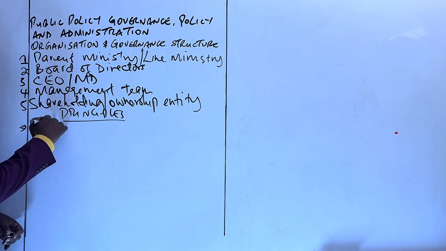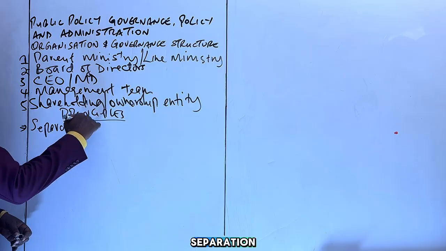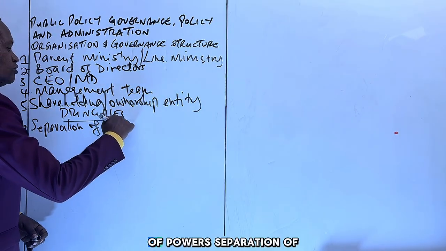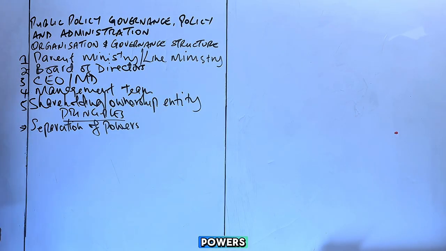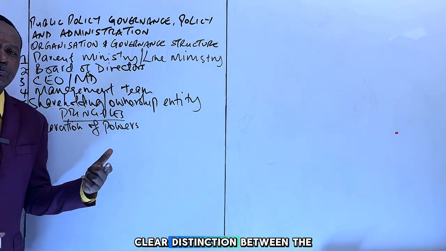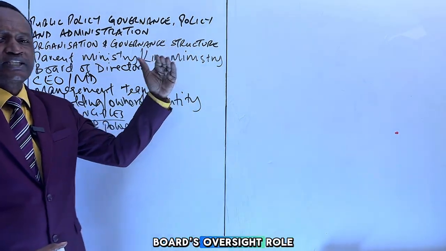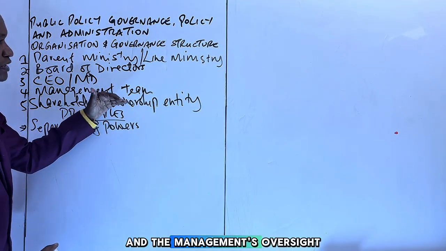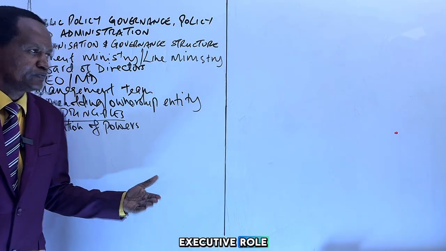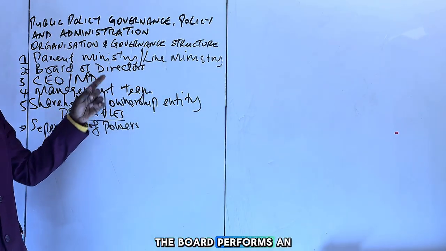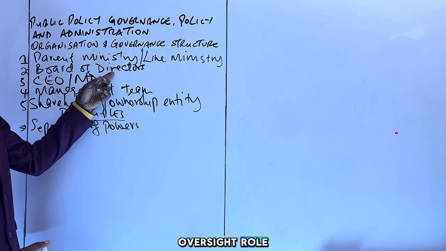Separation of powers. There ought to be clear distinction between the board's oversight role and the management's executive role. The board performs an oversight role.